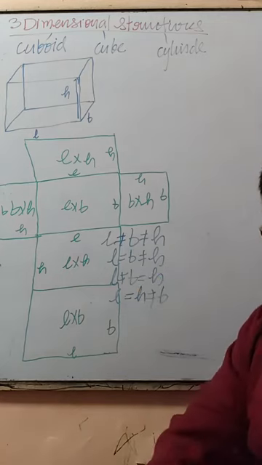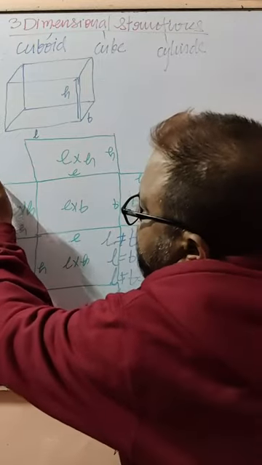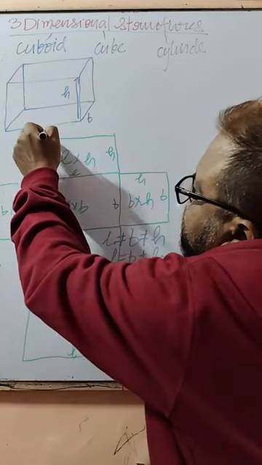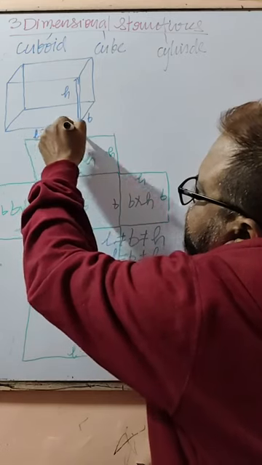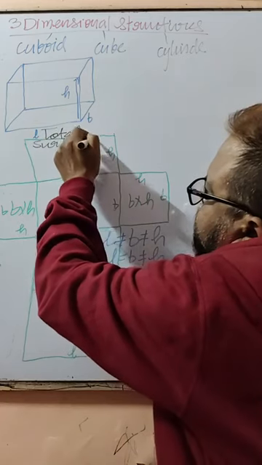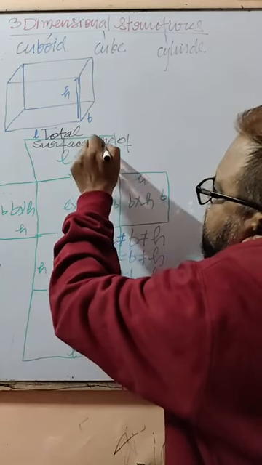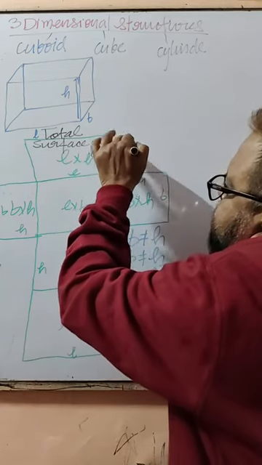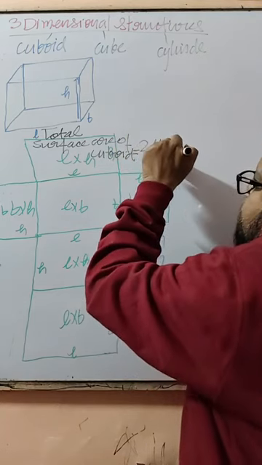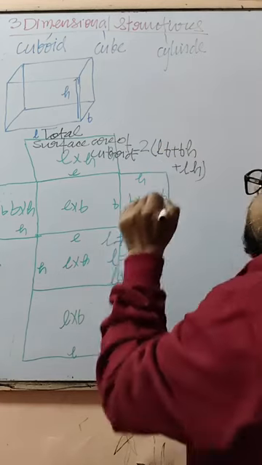And total surface area of cuboid is equal to 2 bracket LB plus BH plus LH, right?